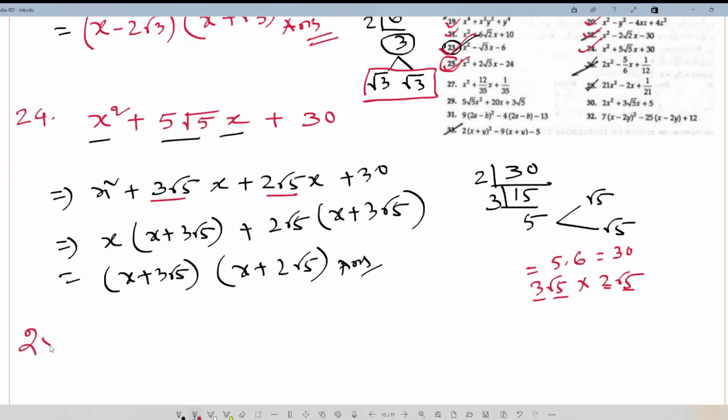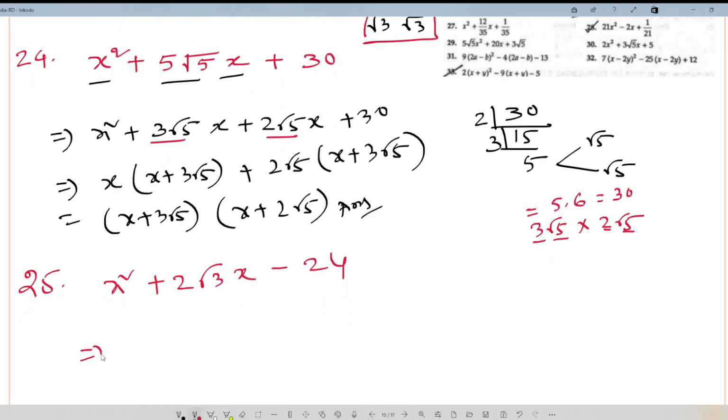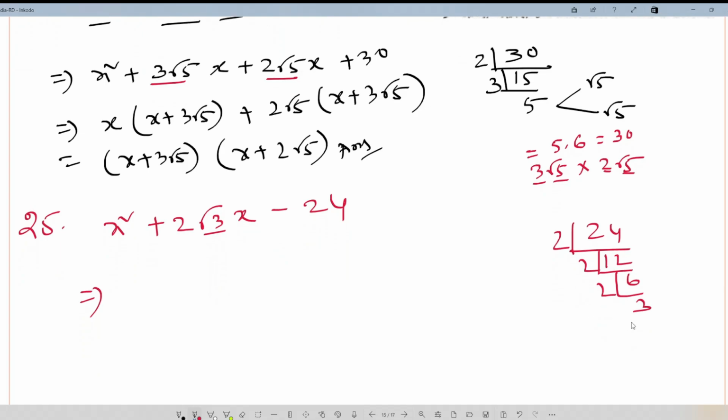So here is 25, so x square plus 2 root 3 x minus 24. Look, 24 we divide by 2, so 12, again 2, so 6, again 2, it will become 3, and here is root 3. So these 3 we can write root 3 and root 3. So 2 root 3.